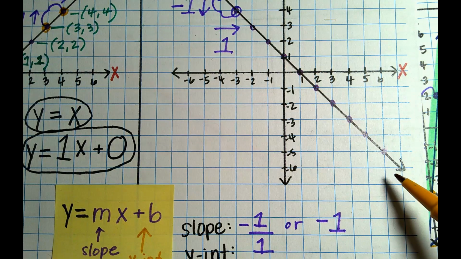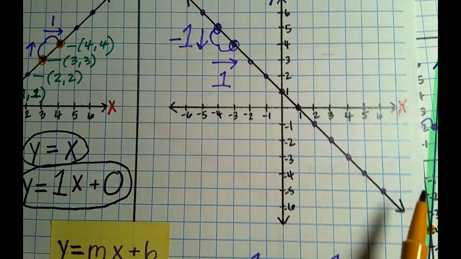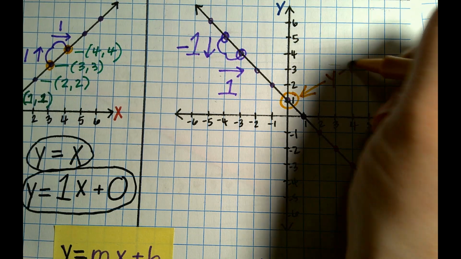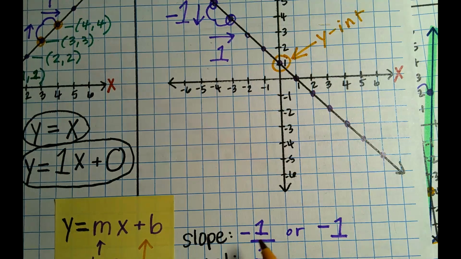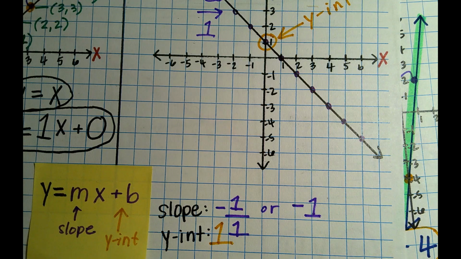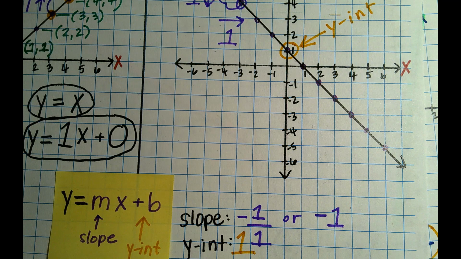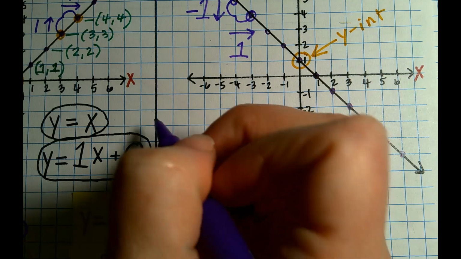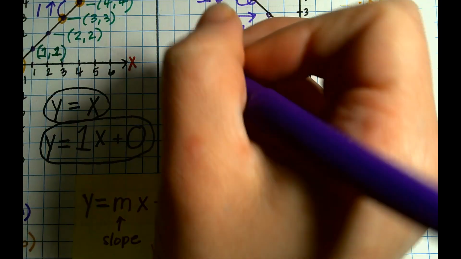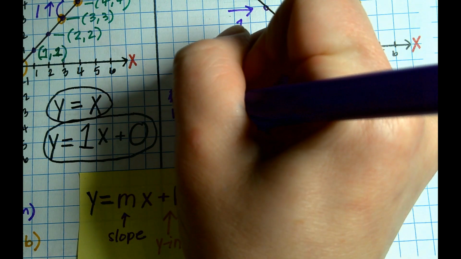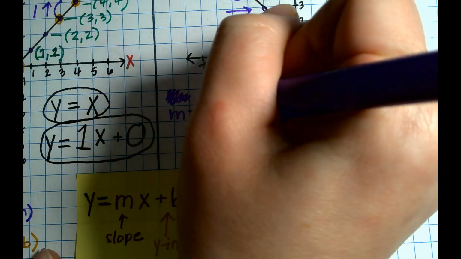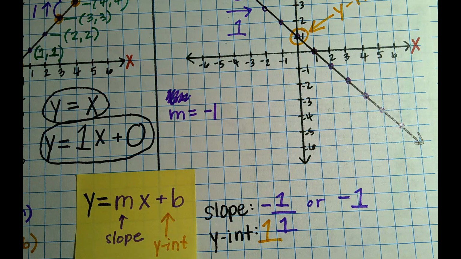And now let's look at our y-intercept. Where does this line touch my y-axis? 1, right here. So my y-intercept is 1. So I'm going to rewrite this a little bit neater. I'm going to say b or... Wow, I did that wrong, guys. I'm sorry. M, or my slope is -1, or you could say -1/1.